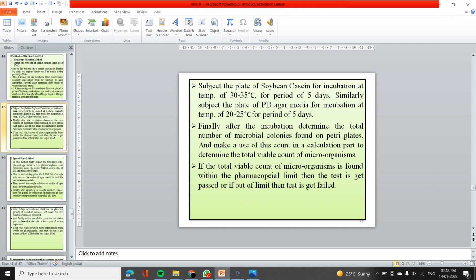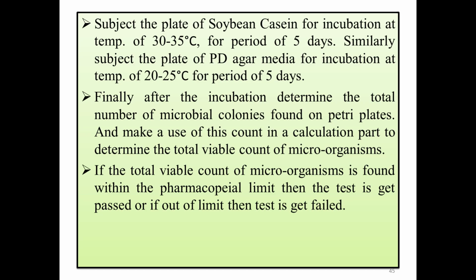Okay, subject the plate of soybean casein for incubation at a temperature of 30 to 35 degrees Celsius for a period of 5 days. Means we have to incubate the plate of soybean casein media here.